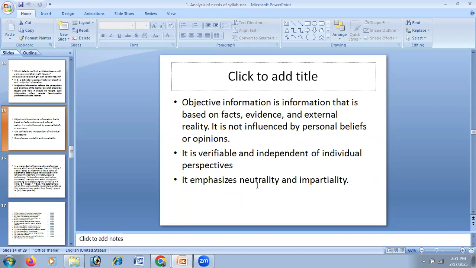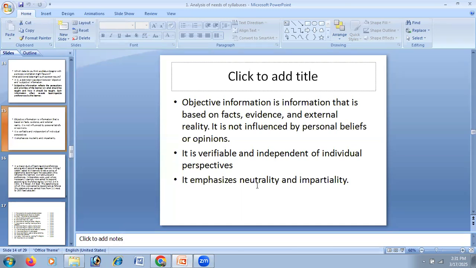Objective data, that is, they want speaking fluency. That is objective. So this is for all. They want to enhance their writing capabilities. That is the objective data. And subjective information, that is their age. They want to work in a hotel. They want to work as a dressmaker.